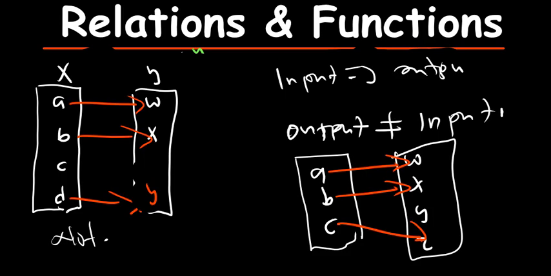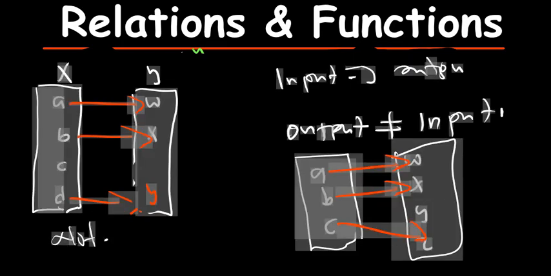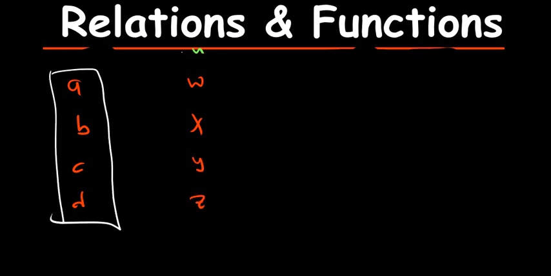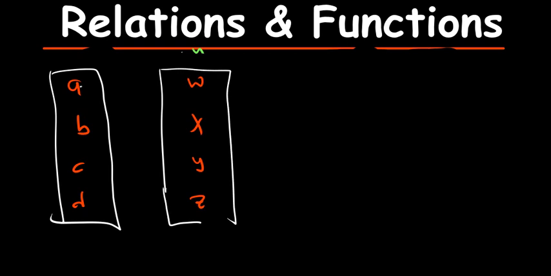But apart from knowing this, we also need to know the types of function. There's what we call a one-to-one function. If I have A, B, C, D and W, X, Y, Z, then this one goes here, this one goes there, this one goes here, this one goes there.